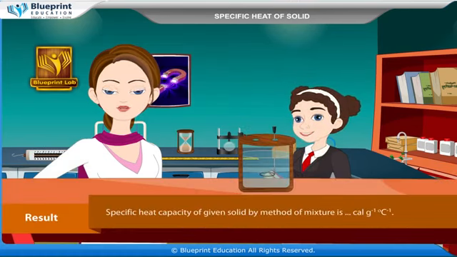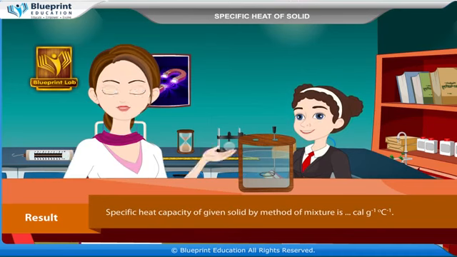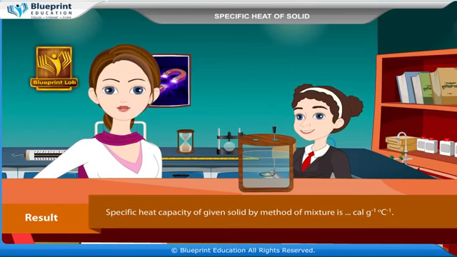Result. Specific heat capacity of given solid by method of mixture is X calorie gram raised to the power minus 1 degree Celsius raised to the power minus 1.